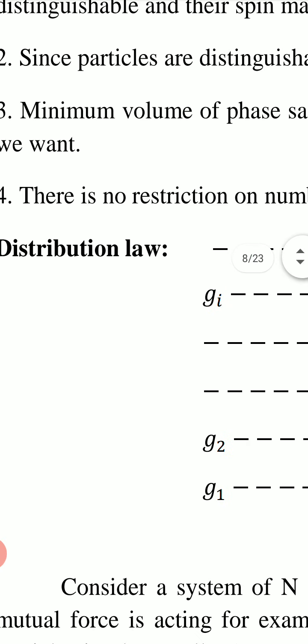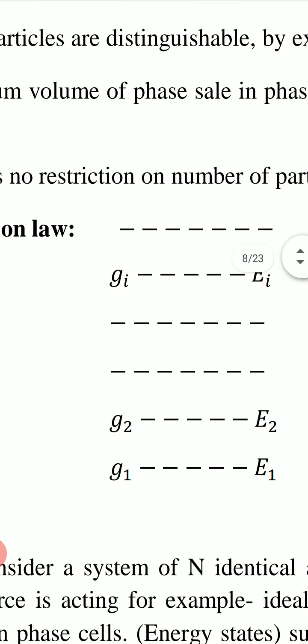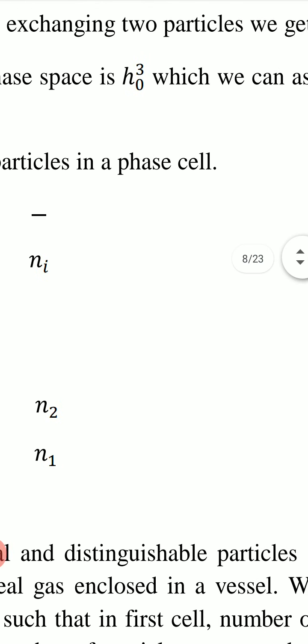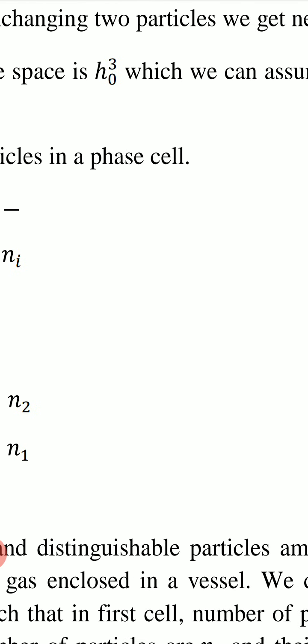Number three, the minimum volume of a phase cell in phase space is h0 cube. In phase space, we consider a small volume element which is called a phase cell, and this phase cell represents a microstate.